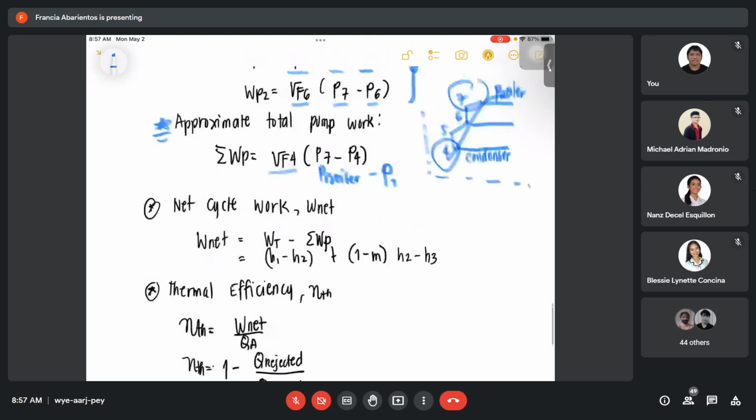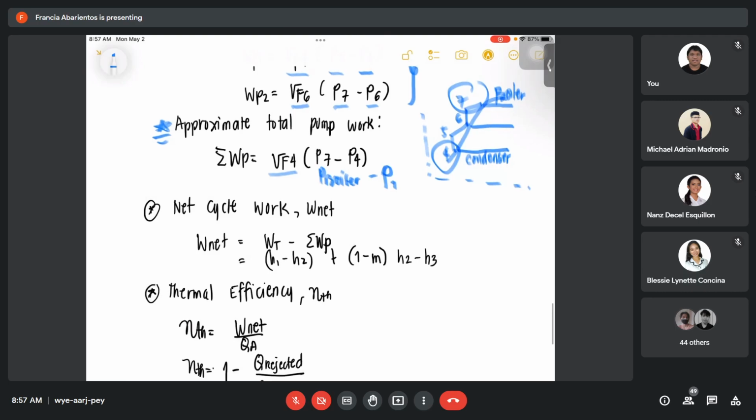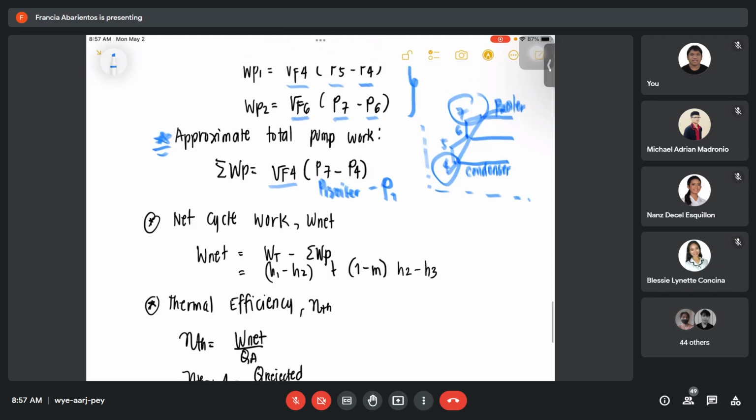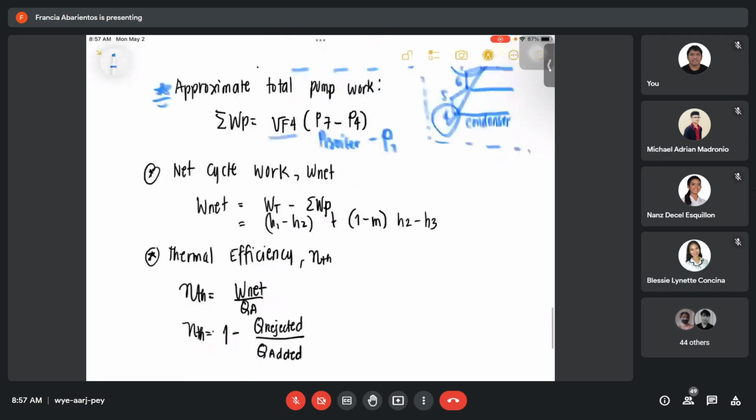And using the necessary equation derived from the work of the turbine and the total pump work, we can make use now of the work net in the system. May kulang akong nasulat. So, minus the summation of the work of the pump.